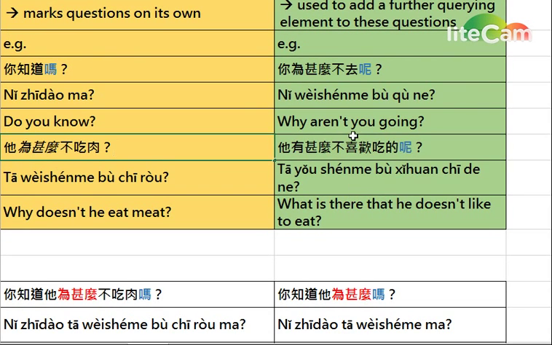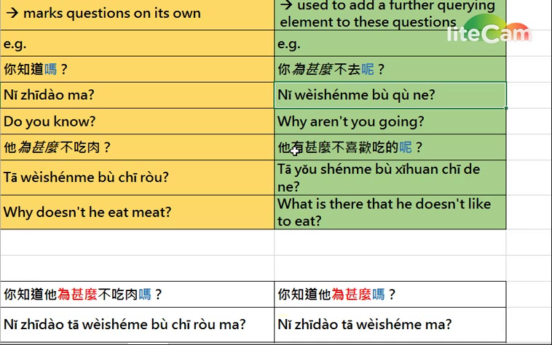For example, here, 你为什么不去呢？ It means why aren't you going? Here the particle ne is used at the same time with the question word 为什么, which means why.